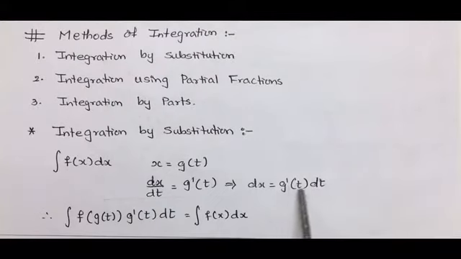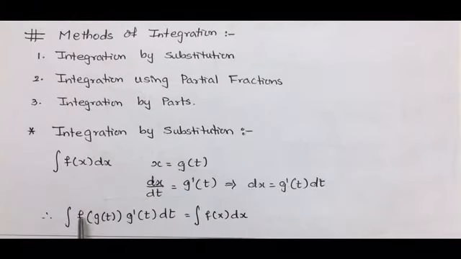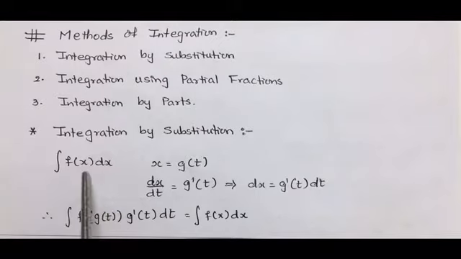Now keeping all these values in the integral, f remains as it is. In the place of x, g of t is taken, and in the place of dx we have g dash t dt. So that is being substituted. Completely the variable x is converted into the variable t.